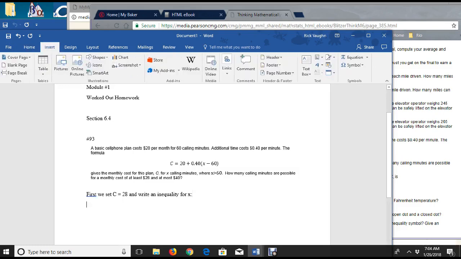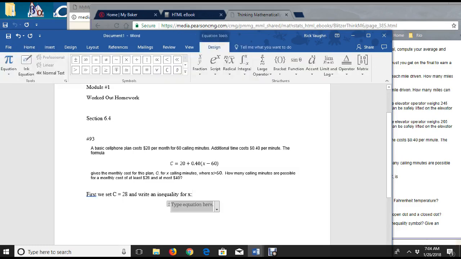Now I'll go to the equation editor, insert, and replace the C with 28, and that's the cost, and it needs to be at least 28. So the cost is bigger than or equal to 28, and the cost is given by this formula. So the result of this formula needs to be bigger than or equal to 28, which is going to be a less than or equal to because the cost is on the left-hand side.